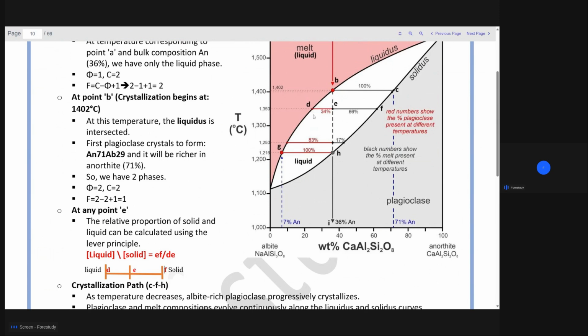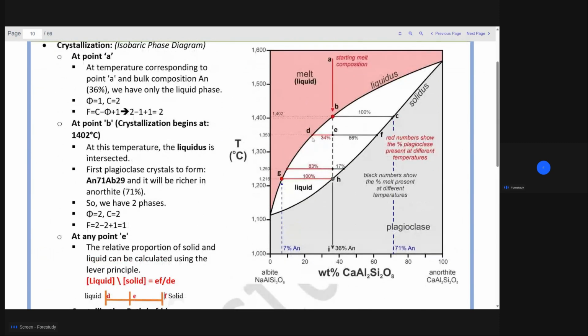Now how do we get how much melt it is producing and how much crystal it is producing? We have to draw a vertical line from our initial melt that touched the liquidus. This is the vertical line of our initial melt, and wherever it bisects this horizontal line, we just have to calculate the length of this line, and we will get, say, 66% of the melt is here and 34% of the crystal has already formed.